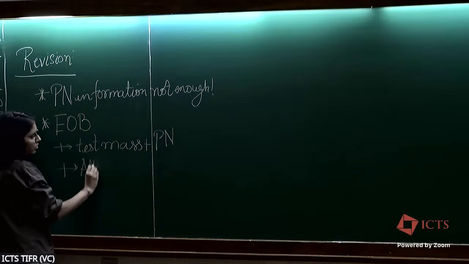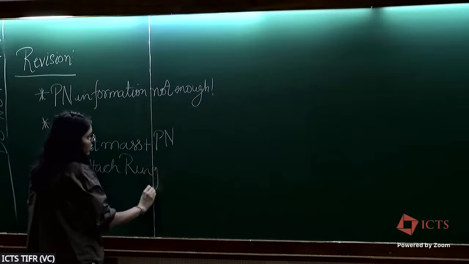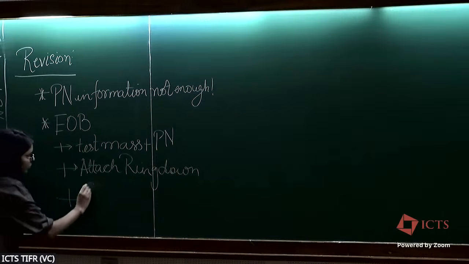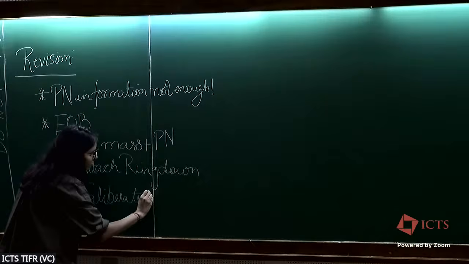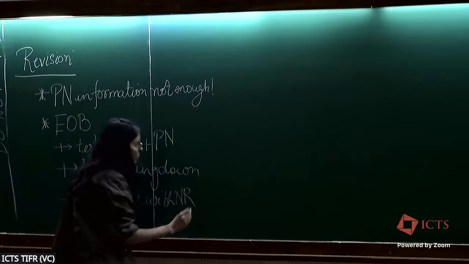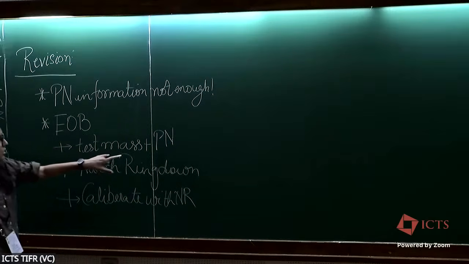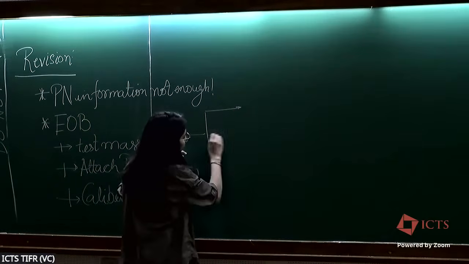Attach ring down. And then finally calibrate this waveform with NR. When we combine the test mass results with the PN results, we can basically split it into 3 building blocks.